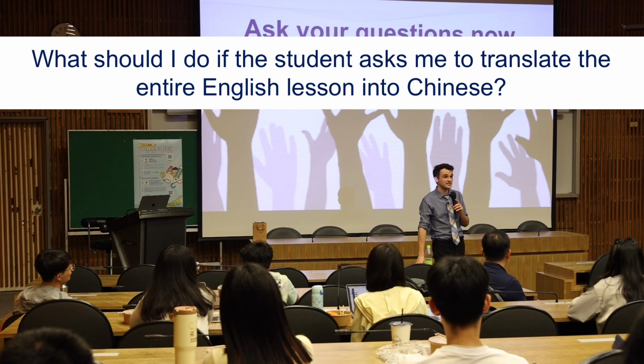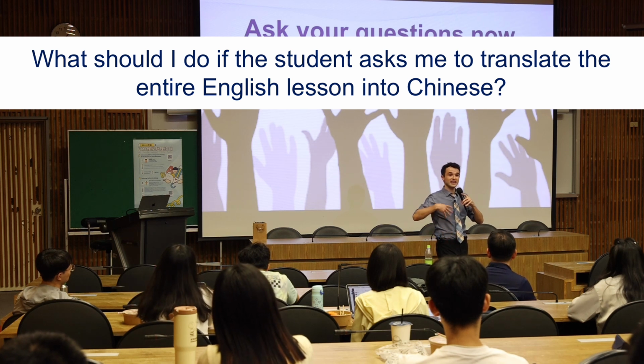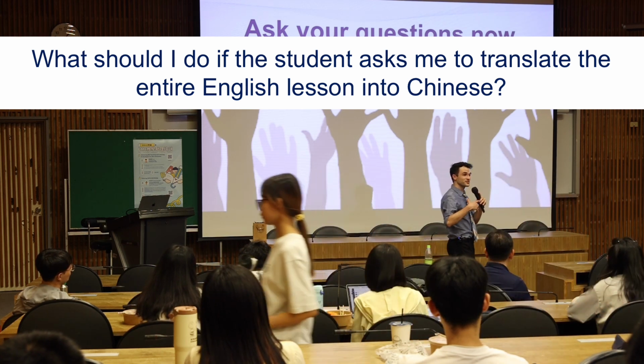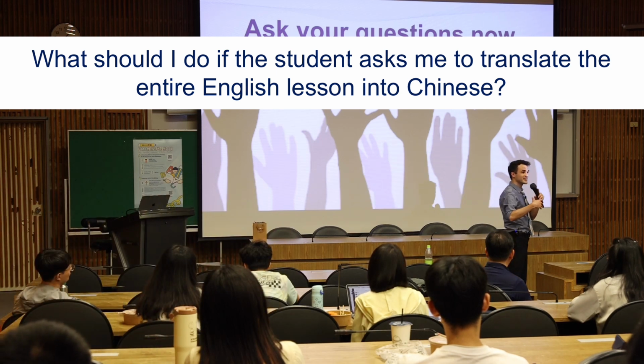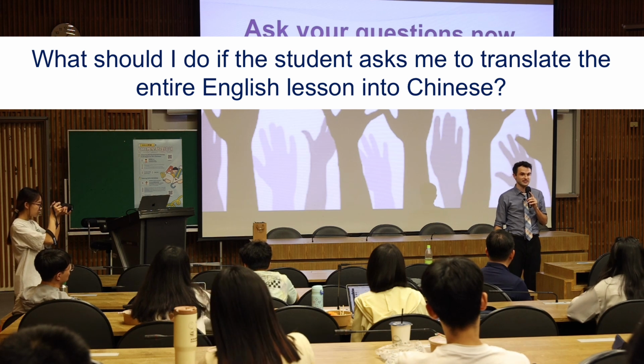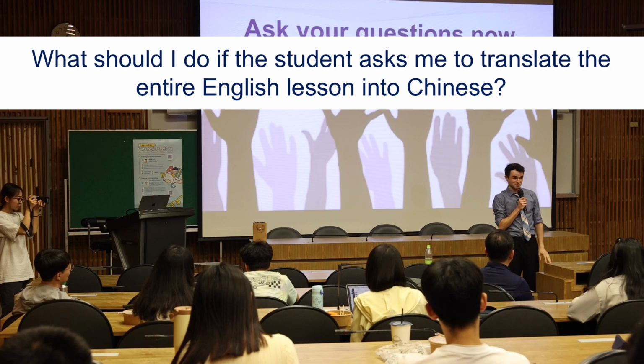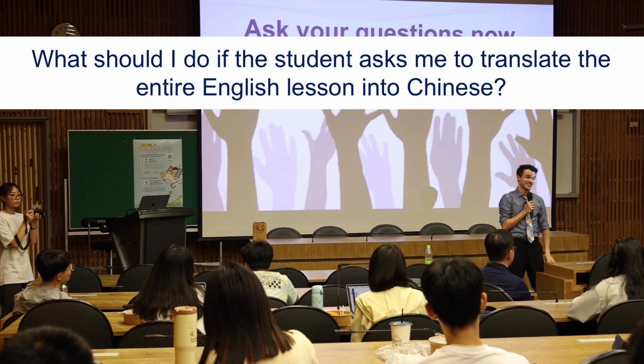Yeah, so the question is, if the student went to class and the class was in English and they didn't understand the English, and then the student comes to the tutor and says, please teach me everything that happened in class in Chinese. I think this problem is beyond you.